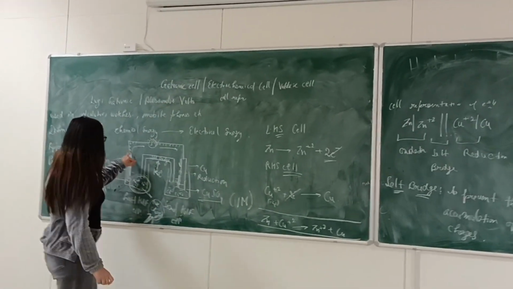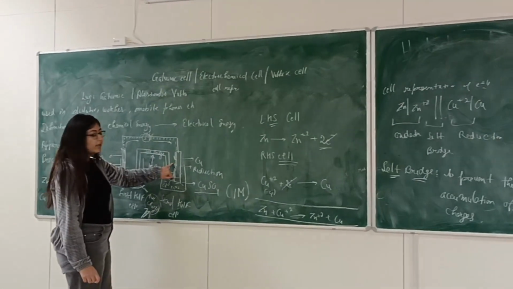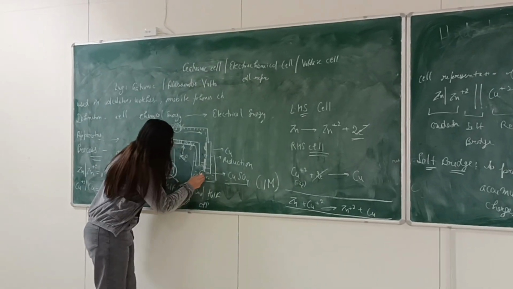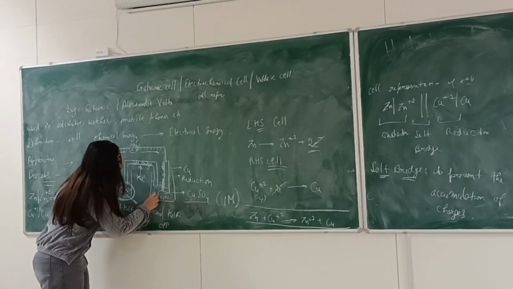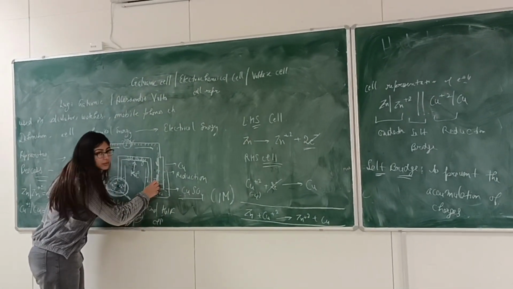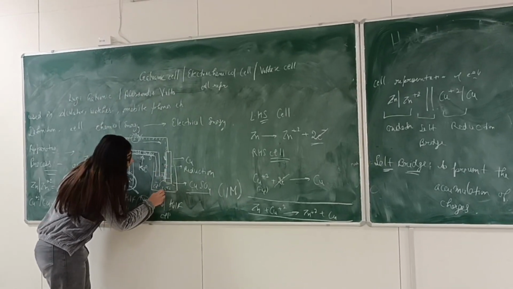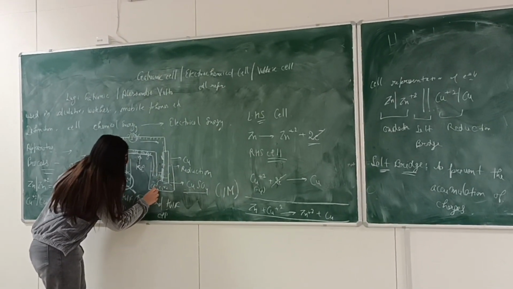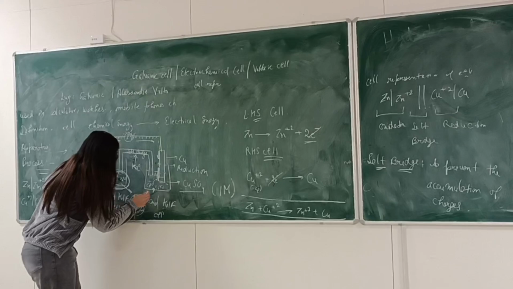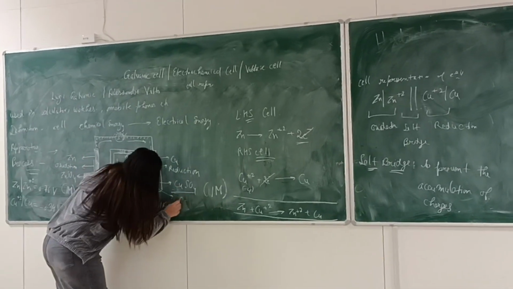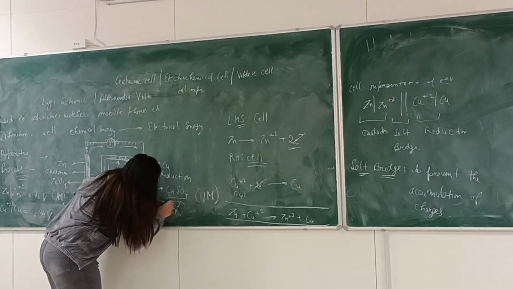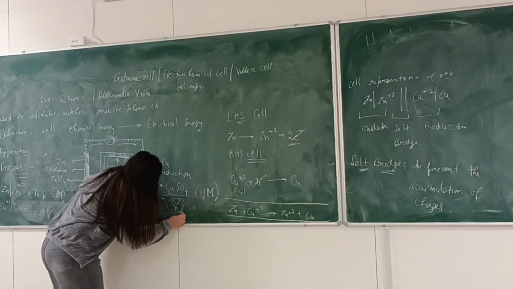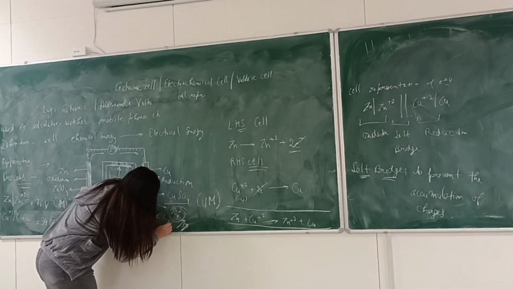And as the electrons come to the second half cell, the copper 2 positive from the solution gains the 2 electrons and forms copper, and the rest is the sulfate ions. Because the sulfate ions are increasing, the negative charge is accumulating here.